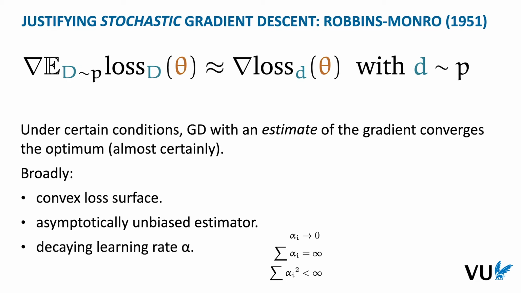And then the learning rate needs to decay in a very particular way. Now this is not something we usually do, but that's not really the point of this result. The point of this result is that based on samples from the data, we can actually find the optimum of this expected loss. And if we then deviate from these constraints that guarantee that we will do it, that's all right, so long as we know that in principle we can find it, if we tune our hyperparameters in the right way.